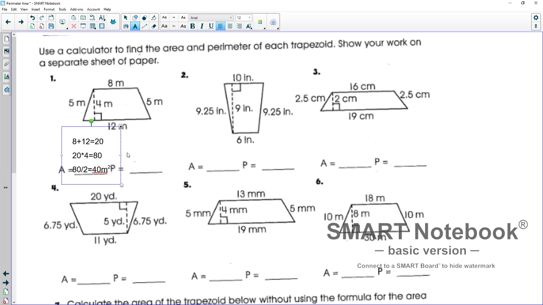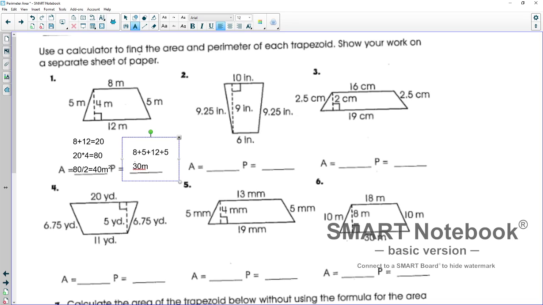These are the steps I want you to write down. Perimeter, we're going to just add everything up on the outside. So make sure we're not touching the 4. The 4 is on the inside. That's my height. That is not on the outside. So we have 8 plus 5 plus 12 plus 5. If I put that all together, you should get 30 meters, and that will be your answer.